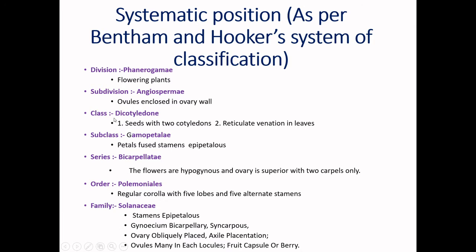Then class of family Solanaceae, Dicotyledonae. Di means 2, cotyledons means cotyledons. Every seed shows 2 cotyledons. Leaves show reticulate venation, then open vascular bundle and taproot system are other features or reasons of class Dicotyledonae.